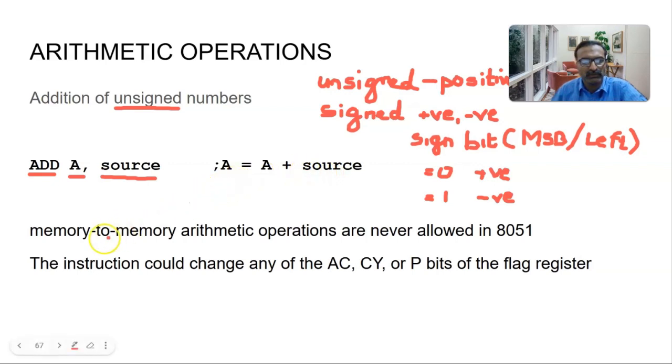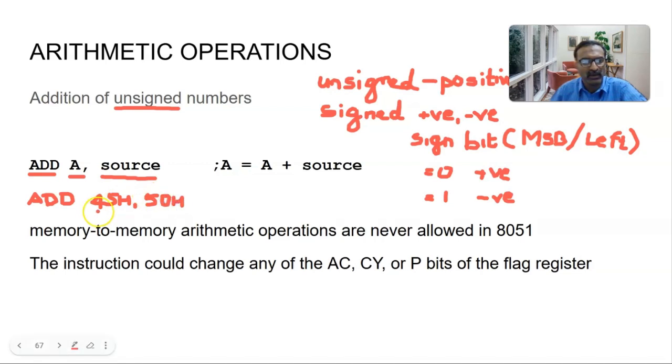And you have to remember that memory to memory arithmetic operations are never allowed in 8051. You cannot have both destination and source as memory address. So you will not get something like this: ADD 45H, 50H.